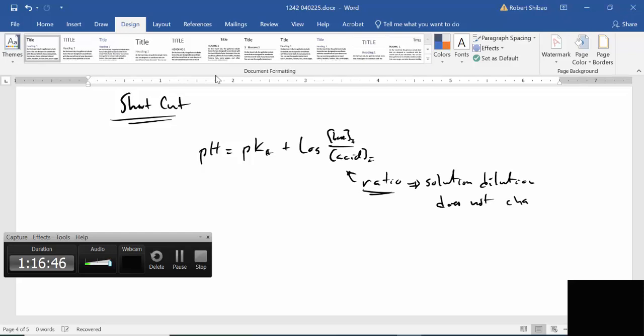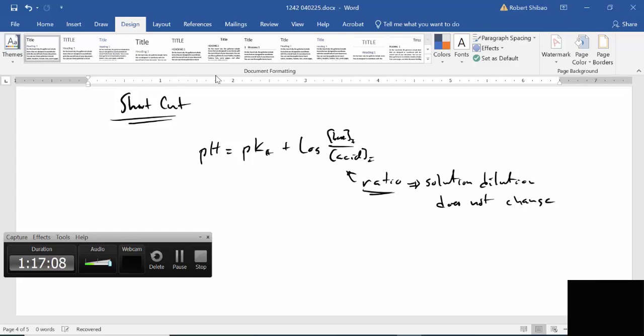The reason is because both the numerator and the denominator would have the same dilution factor. So let's say you had a 1:2 dilution of the base. If you had a 1:2 dilution of the base, that means you had a 1:2 dilution of the acid. So you have 1/2 over 1/2, which is just 1. And so solution dilution does not impact it.